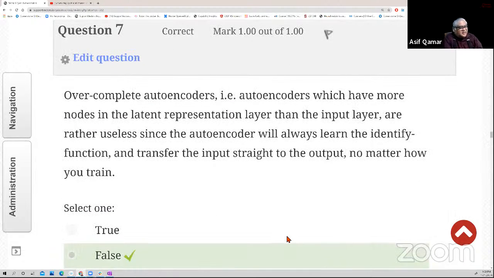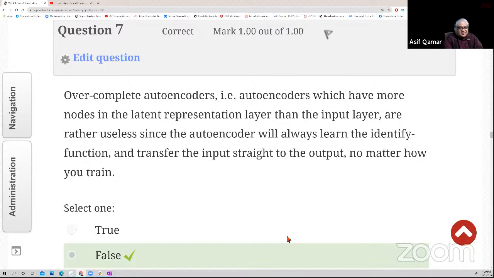Overcomplete autoencoders, i.e. autoencoders which have more nodes in the latent representation layer than the input layer, are rather useless, since the autoencoder will always learn the identity function and transfer the input straight to the output, no matter how you train. The trick was in the last phrase, no matter how you train. The point is overcomplete autoencoders are very effective, for example, in generating sparse representations.